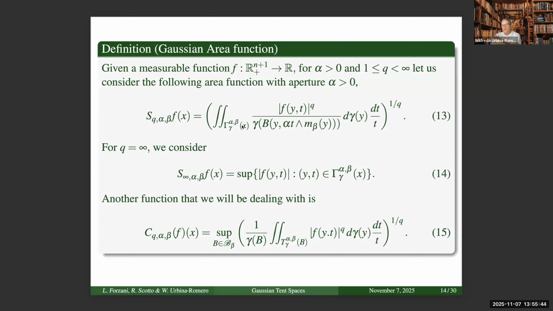So, the area function, this new definition: morally speaking, you are taking the L^q norm of your function defined on the hyperspace, with respect to the Gaussian measure, dt over t. But there is this correction here. In the classical case, that would be it.